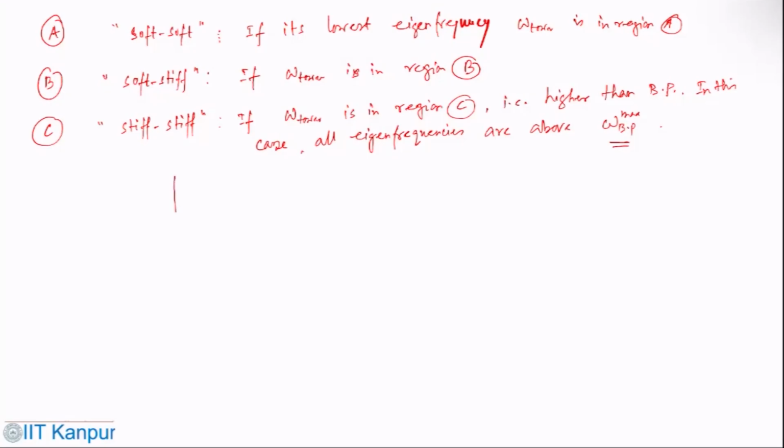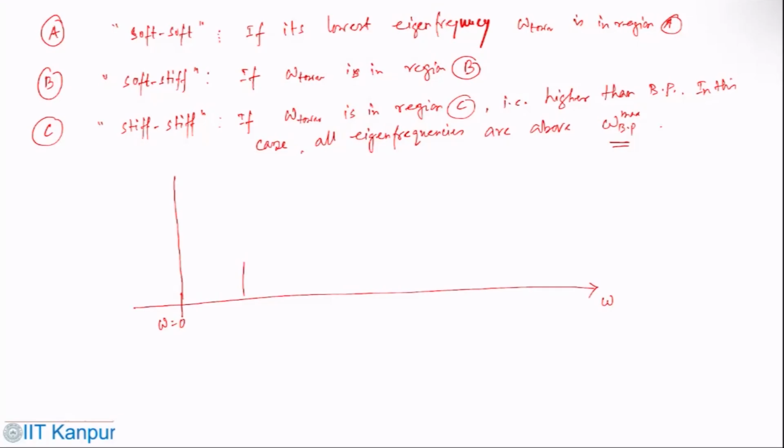So what one can draw, this is for varying omega. You have 0.